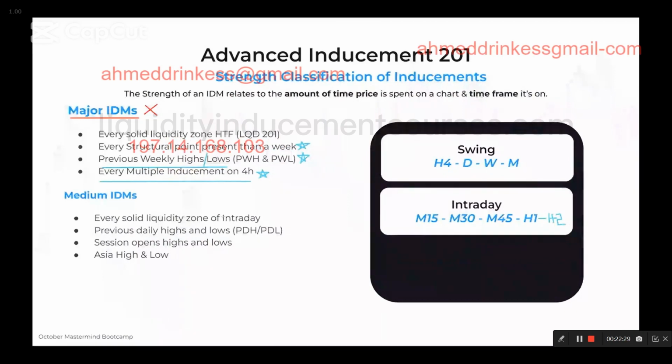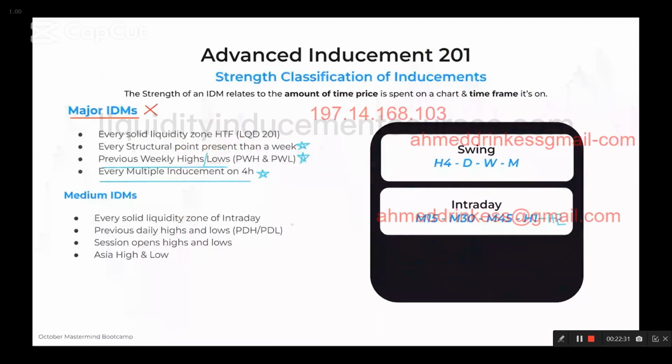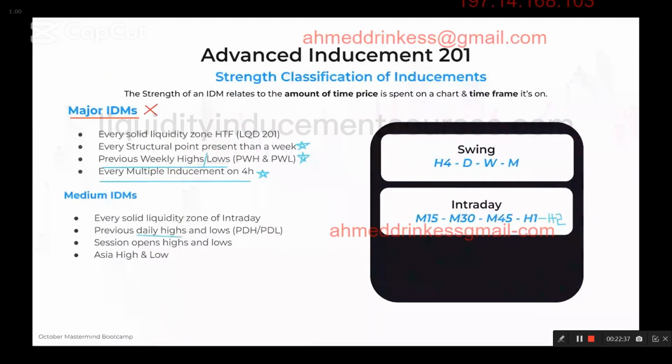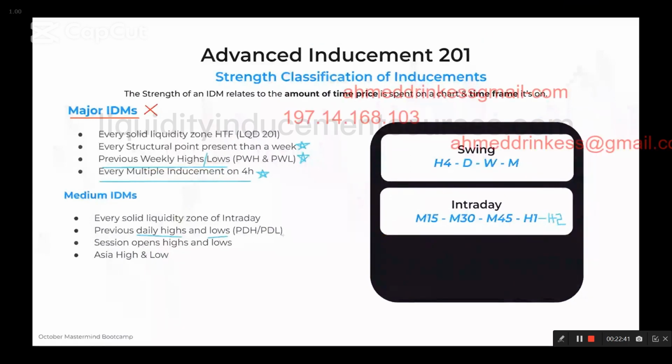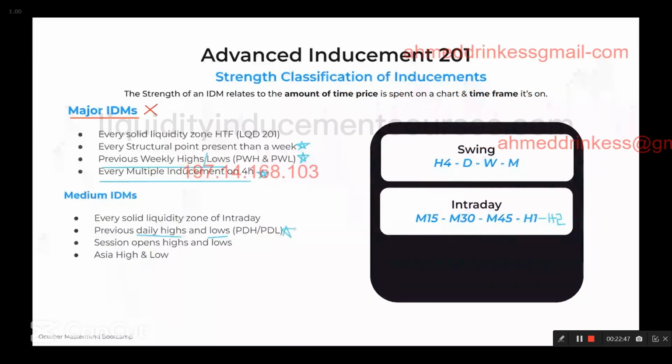So that's all the solid high liquidity zones on all intraday time frames. This is the previous daily highs and lows, PDH, PDLs. These are oftentimes liquidity points. Not all the time, but they can be, and you'll know when they will be.